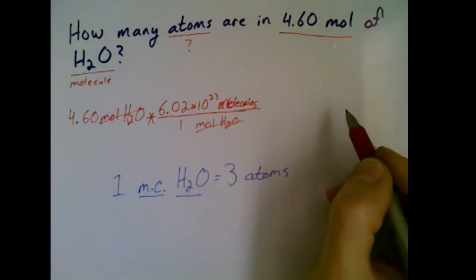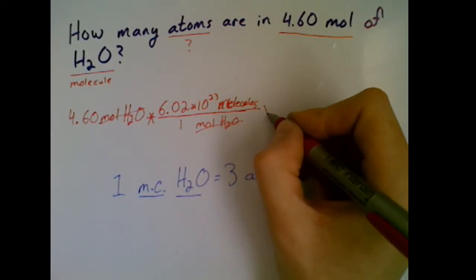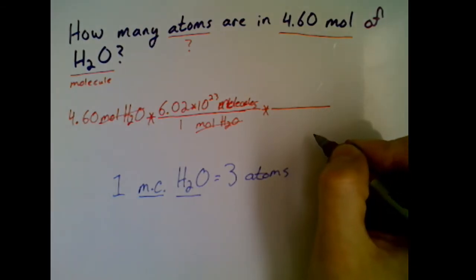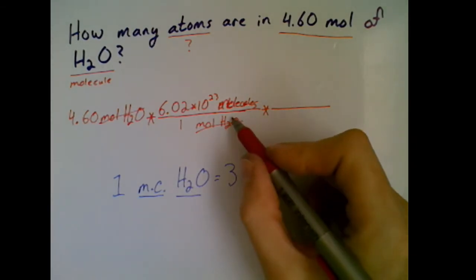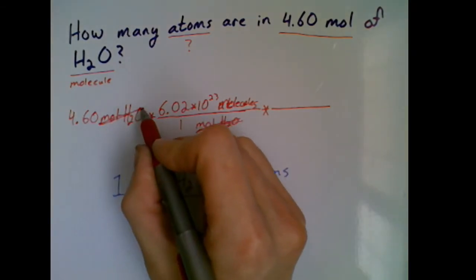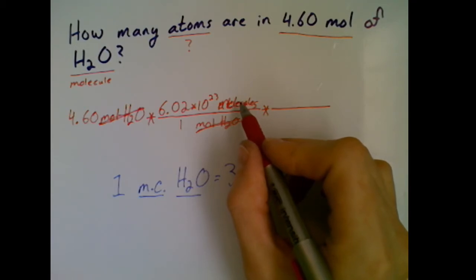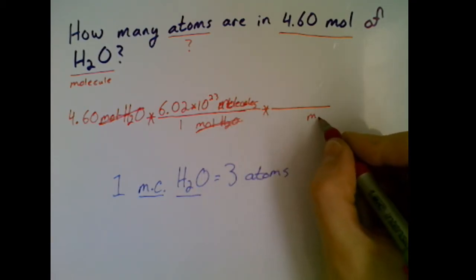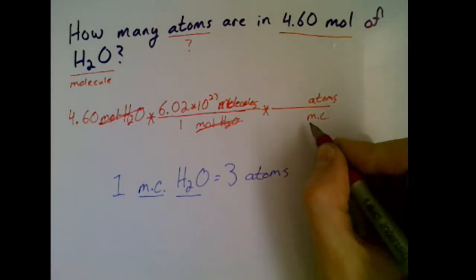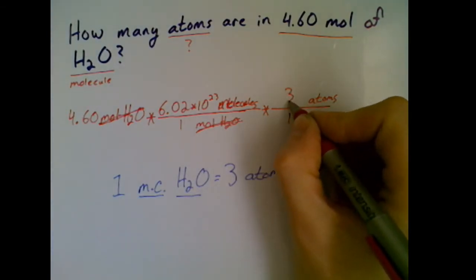And rather than calculate my answer and then do another line, I can just continue my work with another conversion line. I've gotten rid of moles of H2O with this previous calculation. What I want to do next is change the number of molecules into the number of atoms. And remember, in 1 molecule of H2O, there are 3 atoms.